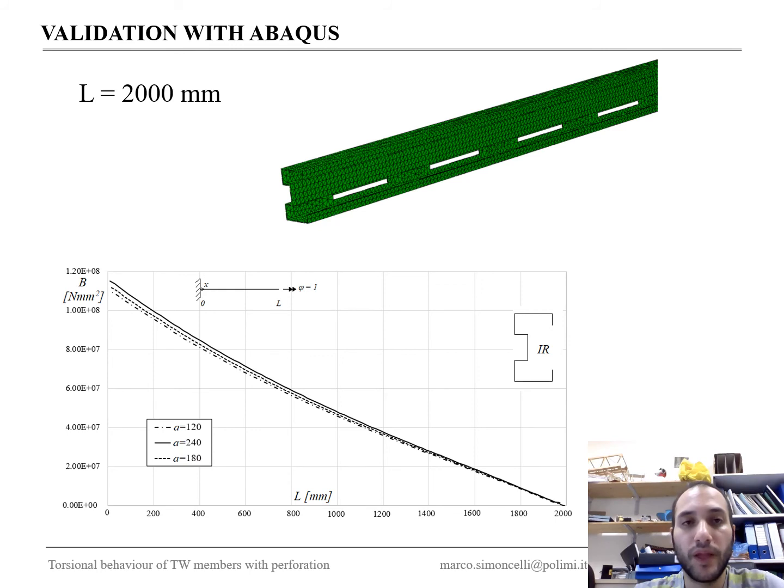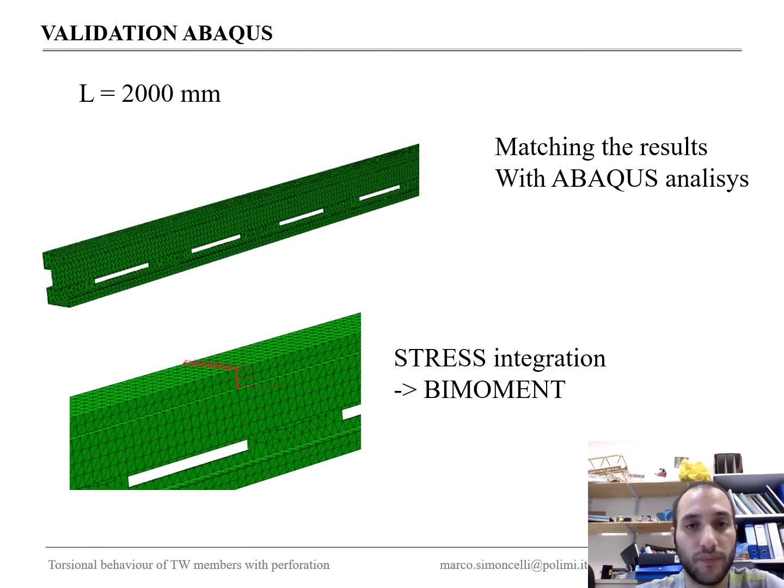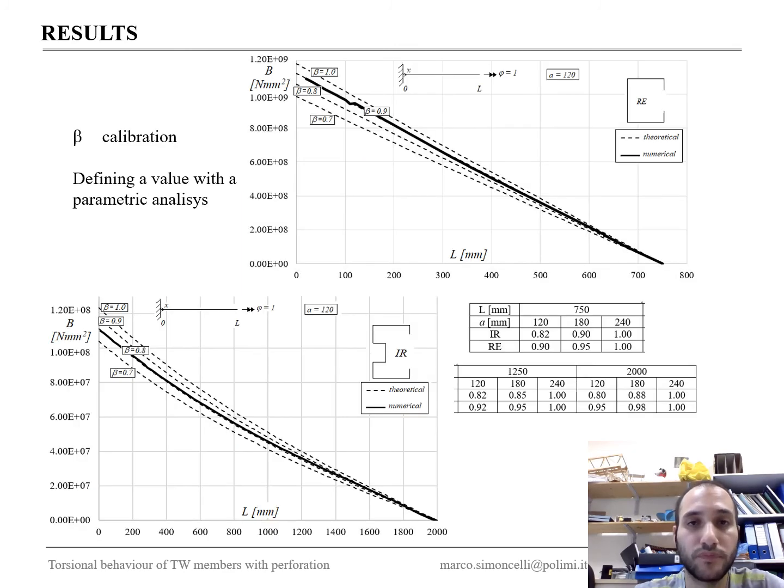The term beta has been calibrated by the use of finite element models, very complex finite element models with a refined mesh in the thickness and in the perforation, using Abaqus software. From these models, I calculated the stresses and then integrated them to obtain the bimoment. How does this procedure work?